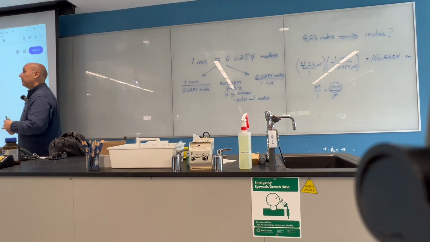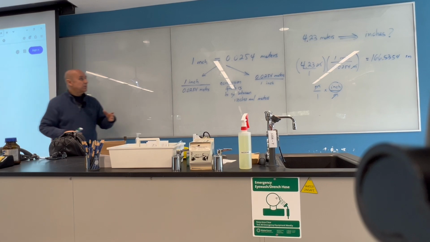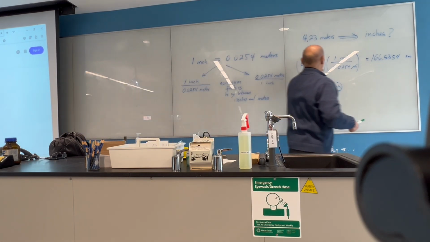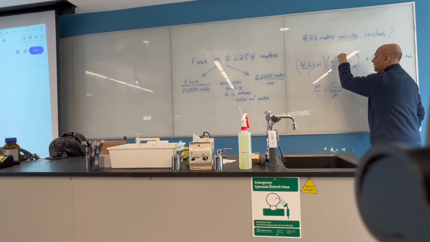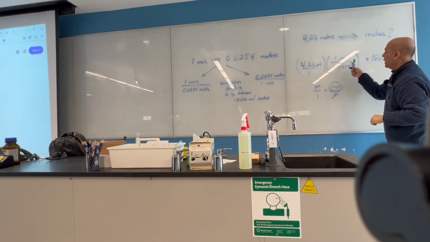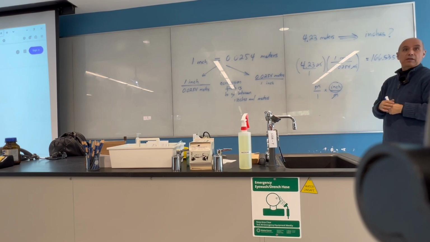That's a different number, 3.9. That would be the wrong answer because I multiplied this by that, and this is not multiplying, it is dividing, by the presence of that line across here. So please be careful, and the only way to be careful is to practice doing problems like this.